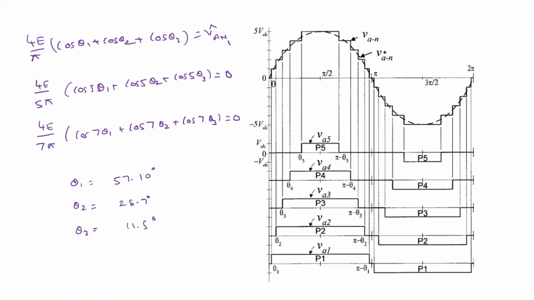Okay, so this is to eliminate the fifth and seventh order harmonics along with the fundamental control. This corresponds to MA equal to 0.8.